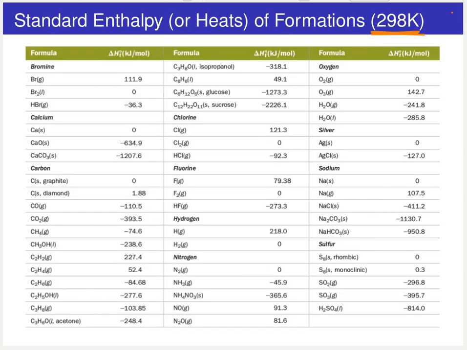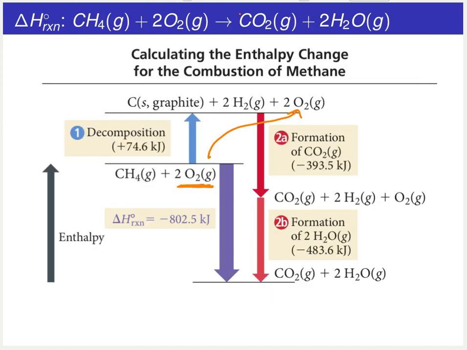Now if we go back to the table and look at CH4, methane gas, we see that the enthalpy of formation for methane gas is minus 74.6. So using that value, we come back over here and say, well, that was formation. If we take CH4 and break it apart into graphite and hydrogen gas, the most stable form of hydrogen, then we're going to be taking the opposite sign of that.